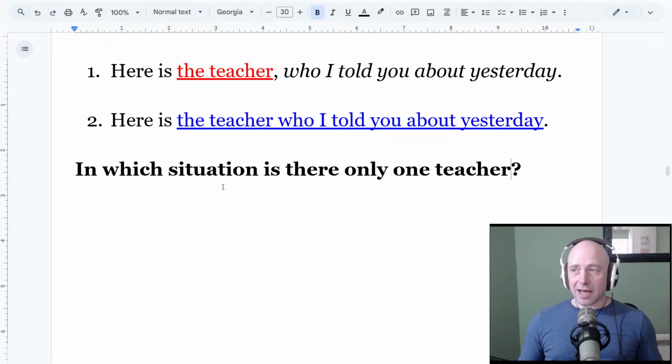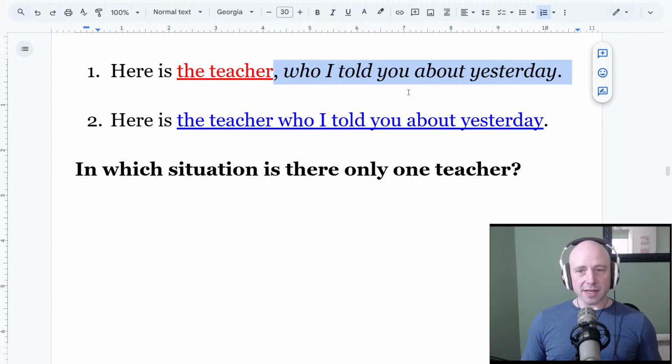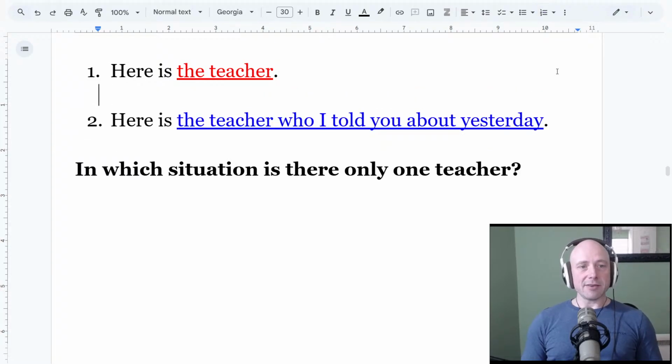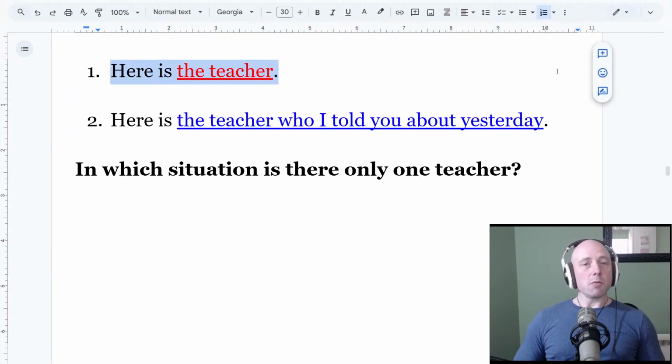So remember, how do you do it? In this situation, in number one, we can remove the non-defining information. So what happens if we do that? We get this sentence: Here is the teacher. What does that tell you?